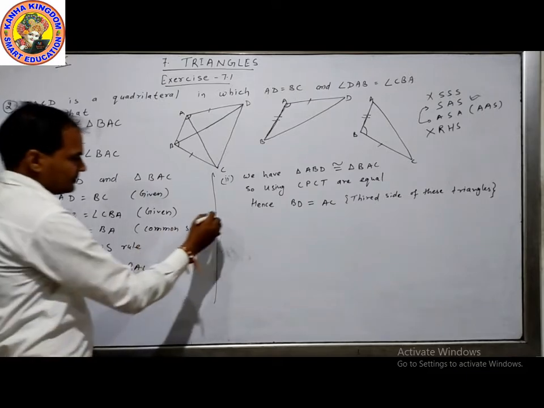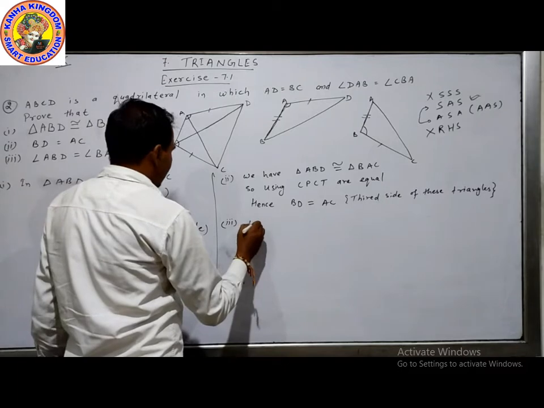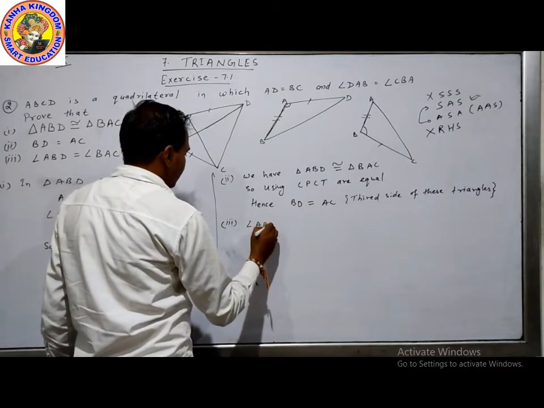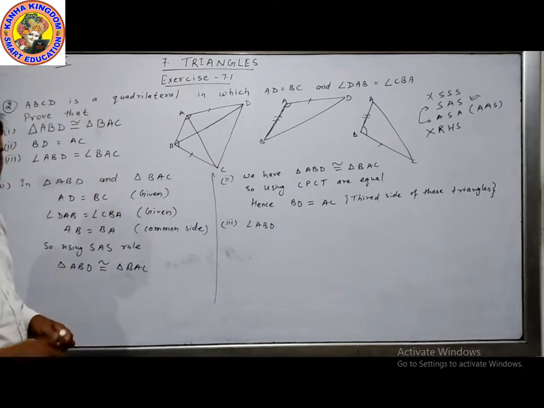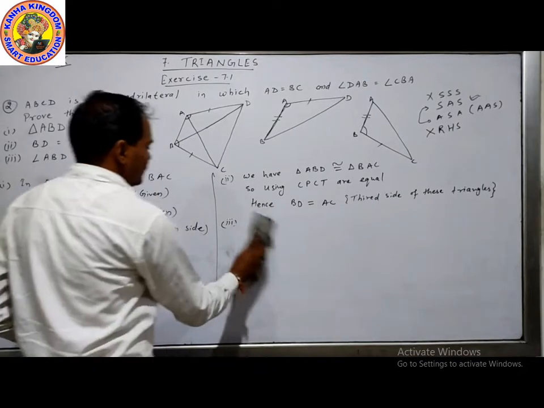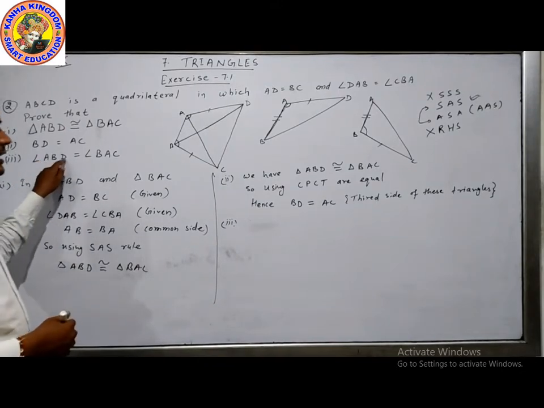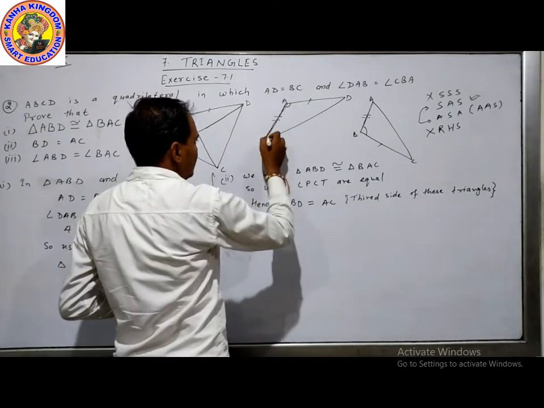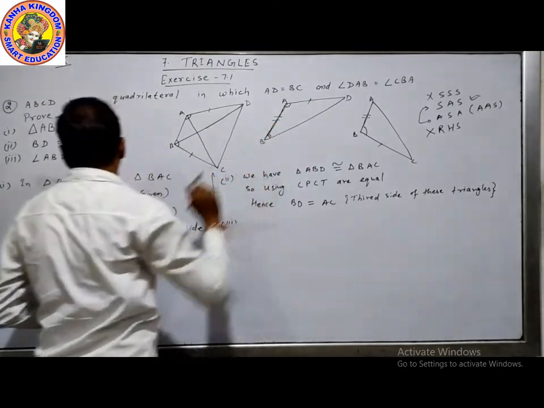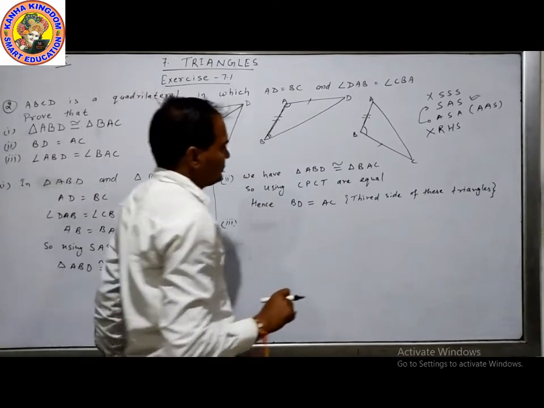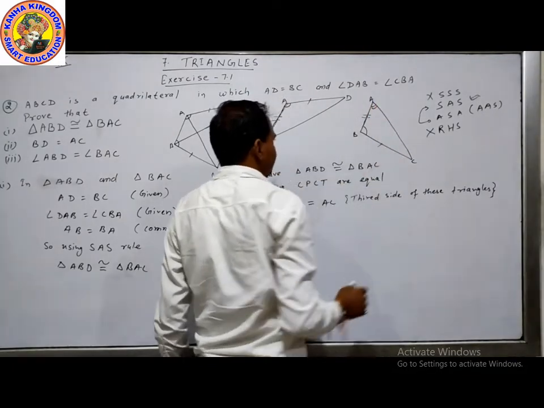Third part: angle ABD and angle BAC are equal. Checking on this diagram, angle ABD, this angle, and angle BAC, this angle.